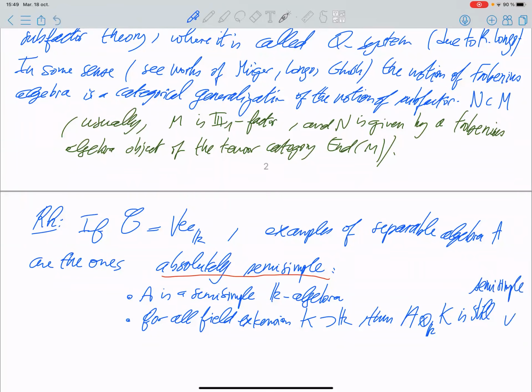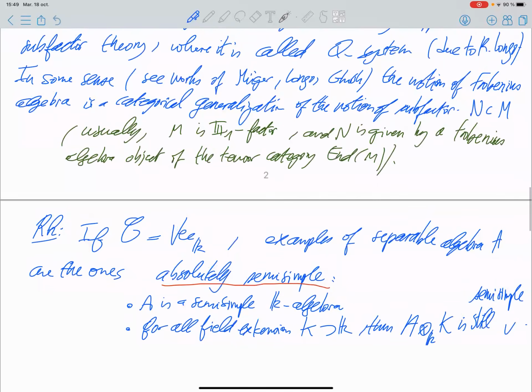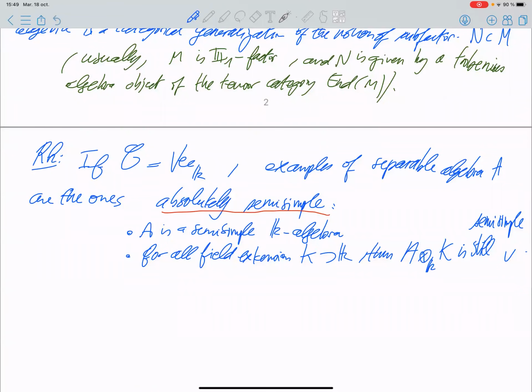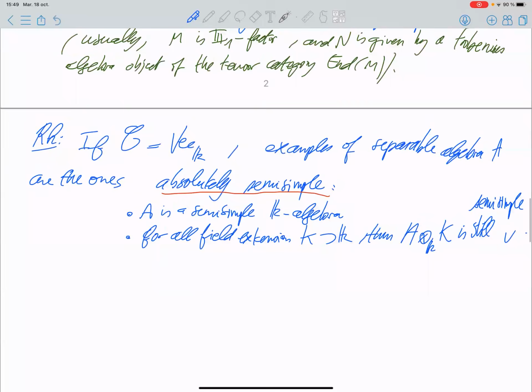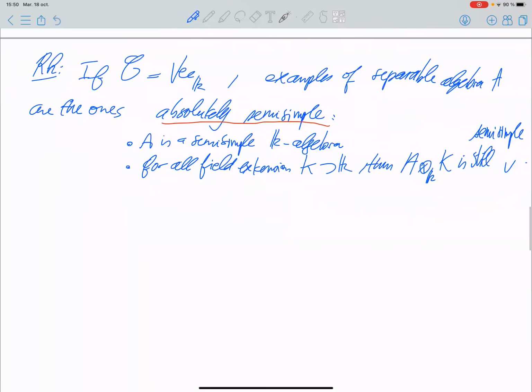I did not prove that, but such an algebra, an absolutely semi-simple algebra, is separable in the sense mentioned before. Okay.